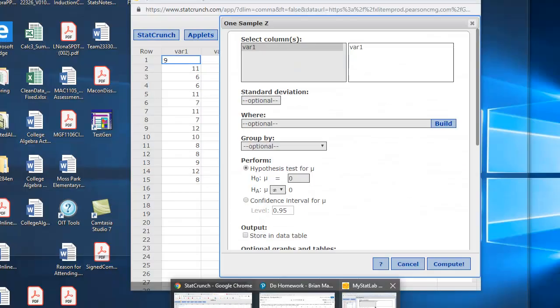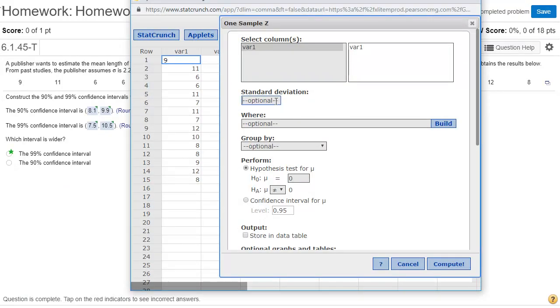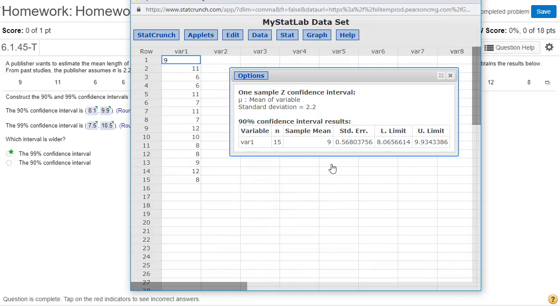So my standard deviation is 2.2 for my population. I'm going to do a confidence interval, and this one asks for 90%. So let me do 90%, and we will compute, and we will see the lower limit of 8.1 and the upper limit of 9.9.